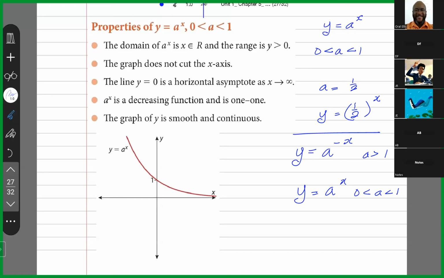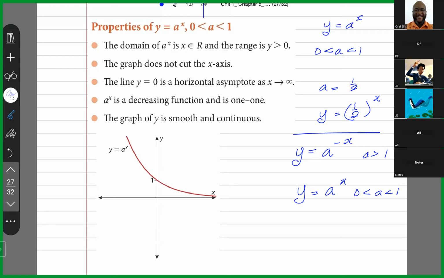So the graph of y is equal to a to the minus x, where a is greater than 1, is similar in shape to the graph of y is equal to a to the x, where a is between 0 and 1.